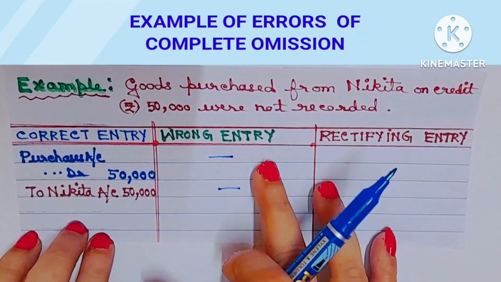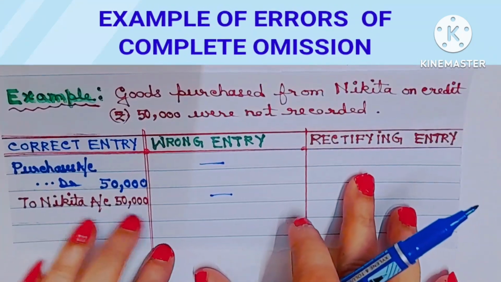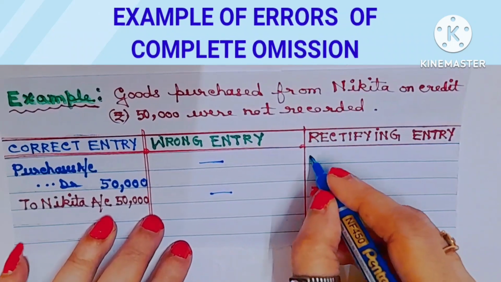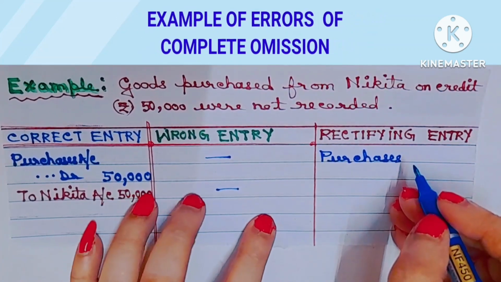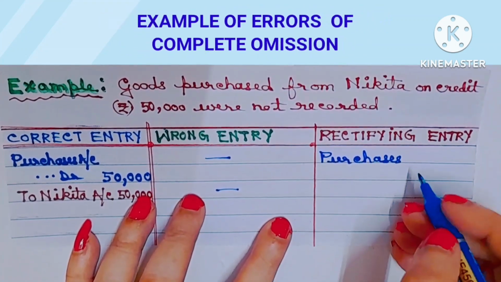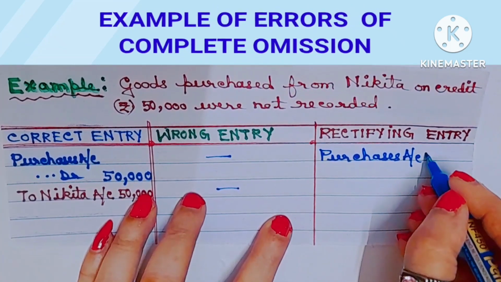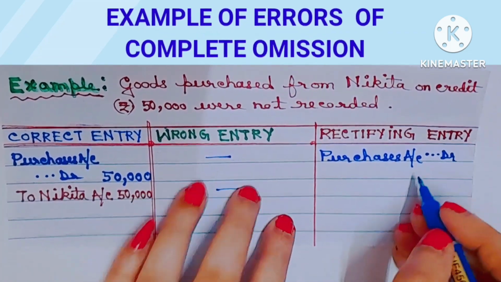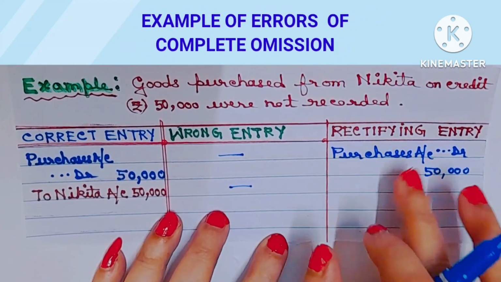In the wrong entry, there was no recording of the debit side. So what you have to do? Just copy. Purchases account debit 50,000. Since this is a two-sided error, we can easily rectify. Please remember this is the workings.